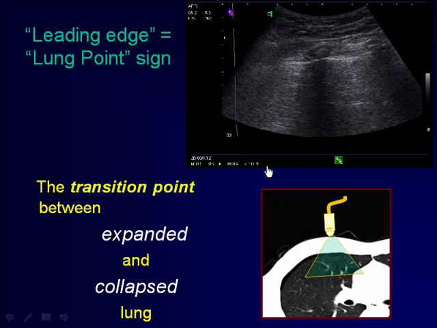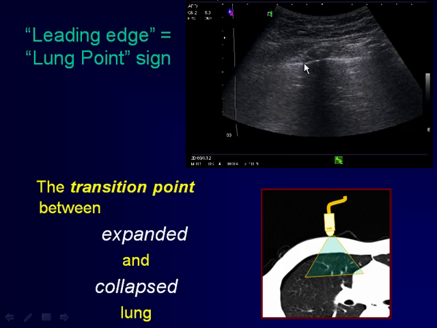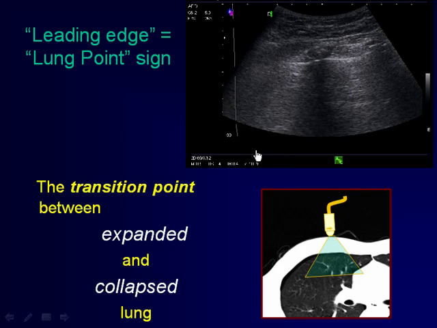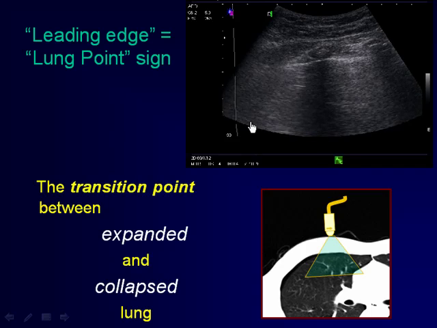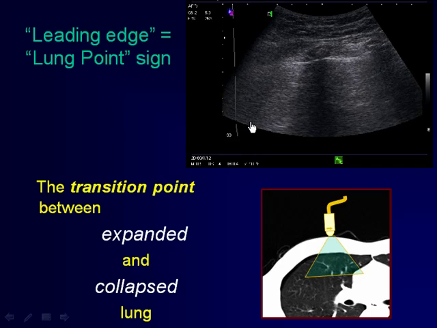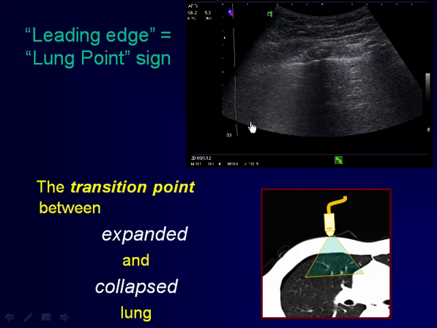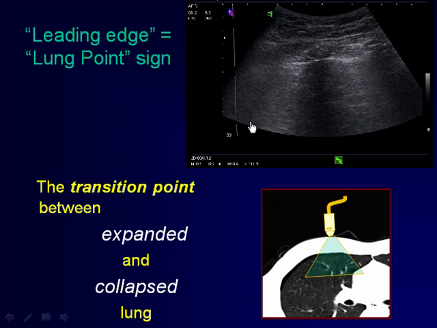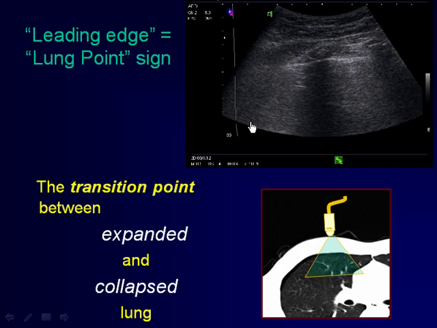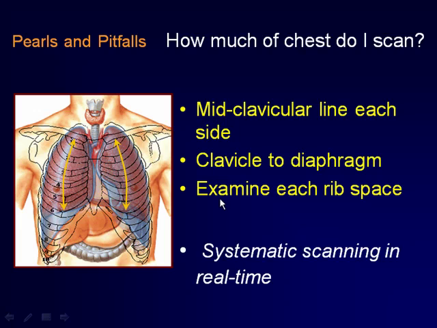Right there it comes and goes back. No movement. Here comes the flicker of movement right here, and no movement. Flicker of movement right there, and then no movement. Flicker of movement right there, and the lung withdraws from the air into the area of pneumothorax. The lung point is the transition point between expanded and collapsed lung.